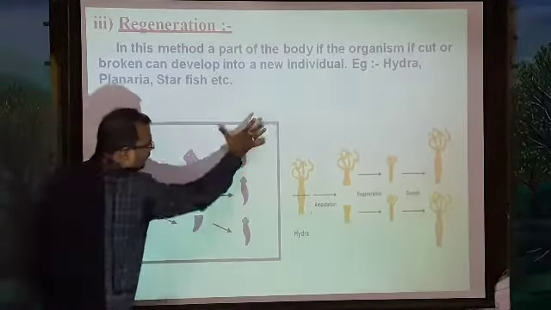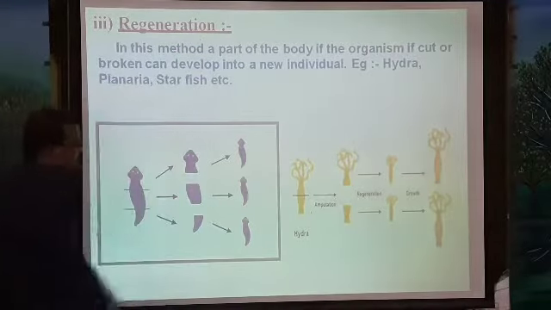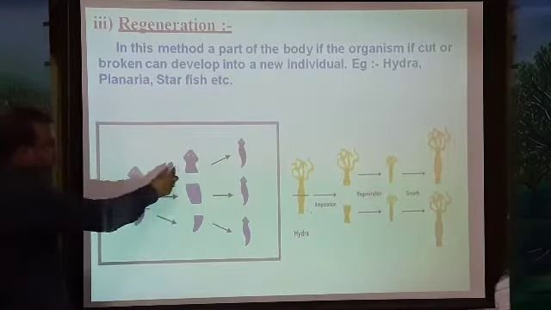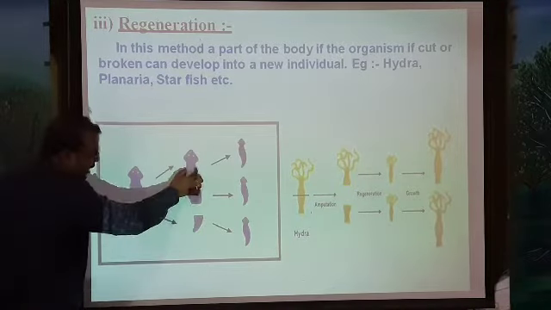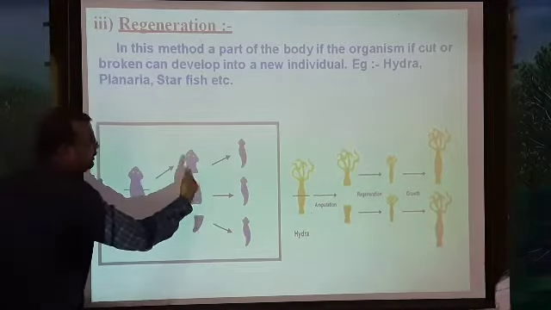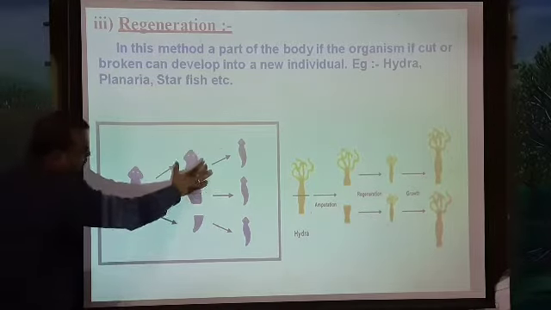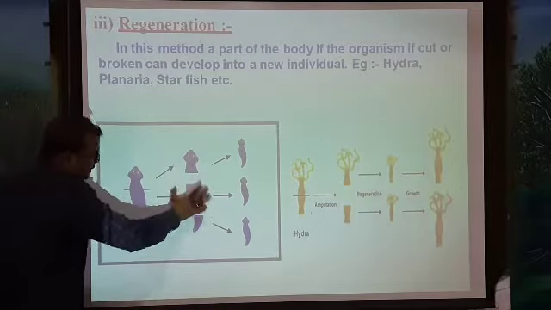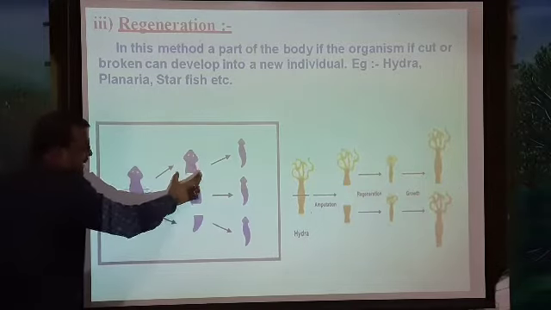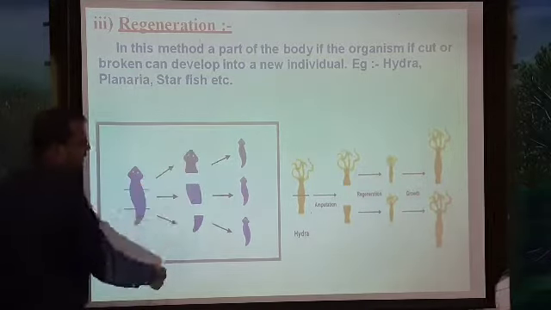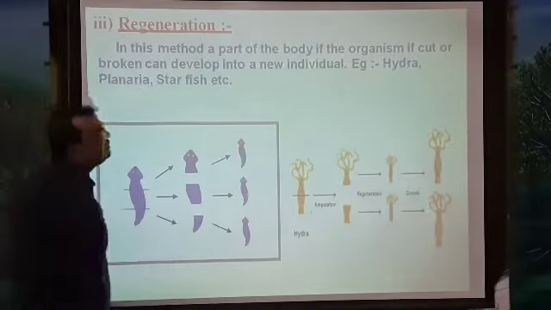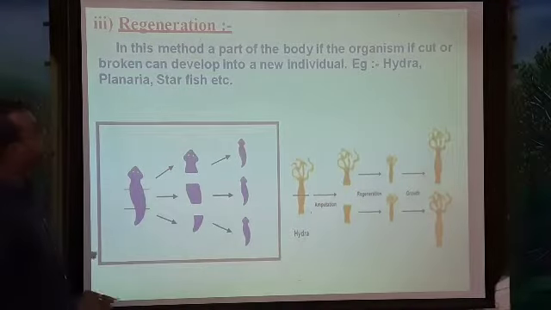Each piece develops into a new individual. The other parts of the body regenerate back. So this is a parent organism, which cuts into pieces, and in each piece the other parts get developed back. This mode of reproduction we call regeneration.